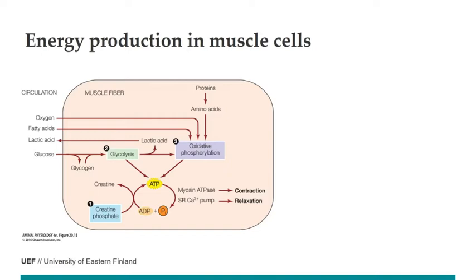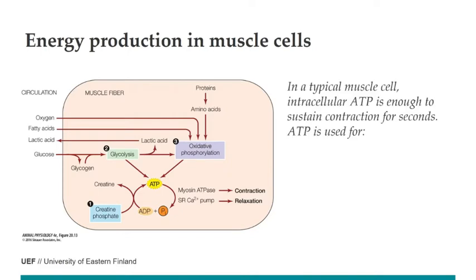And all these ways are very important in the cells, because in the resting cell there's maybe a few millimoles per liter of ATP in the cytosol, and that can sustain contraction only for a few seconds. So for any kind of movement, you need ATP production.